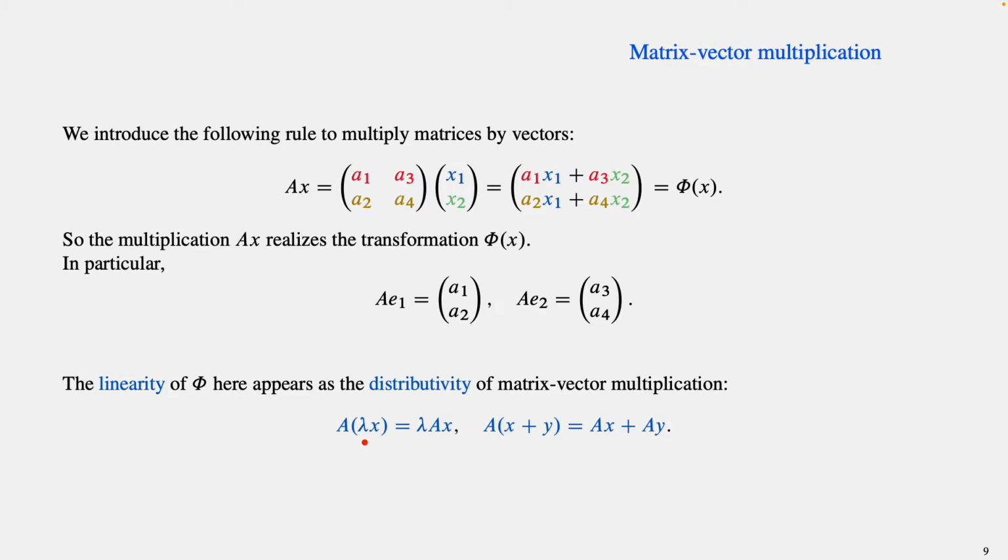So that means A times lambda times vector x is the same as lambda times A times vector x. And A multiplied by vector x plus y is the same as A times x plus A times y. So you see the linearity of phi directly translates into these two properties for matrix vector multiplication.